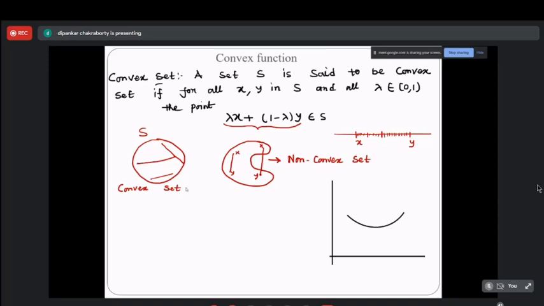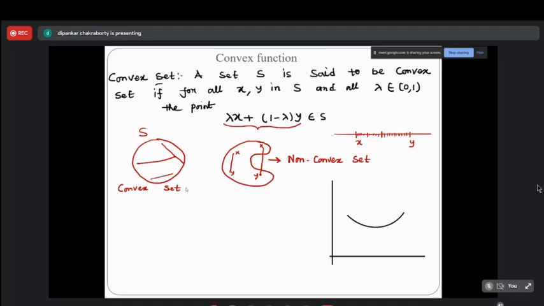Is it okay? So can you please repeat the last part? Yes. What I'm saying is that if you take two points from a set, and the line segment joining these two points also belongs to that set, then the set is said to be a convex set. If you do not find this nature in a set, it is called a non-convex set.